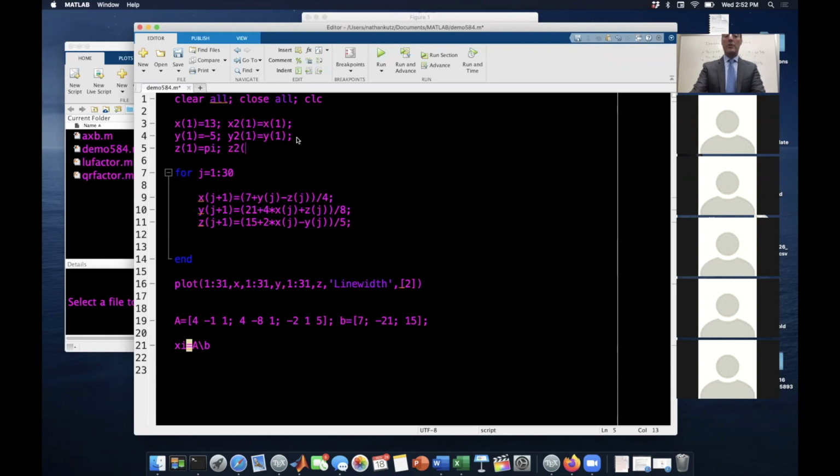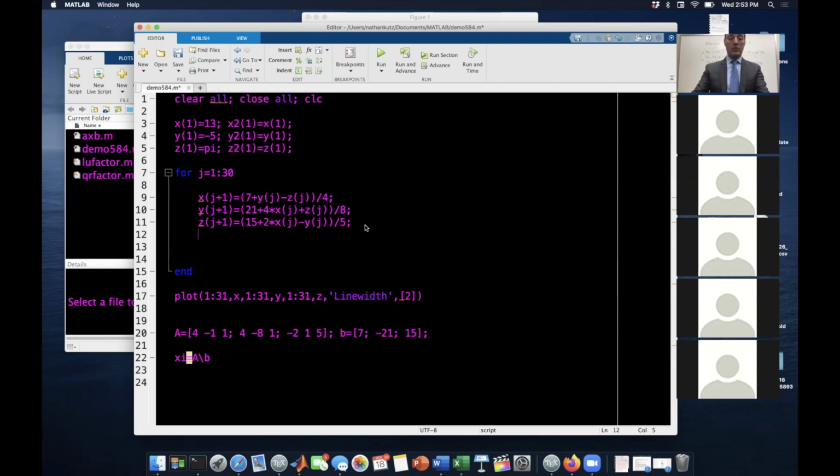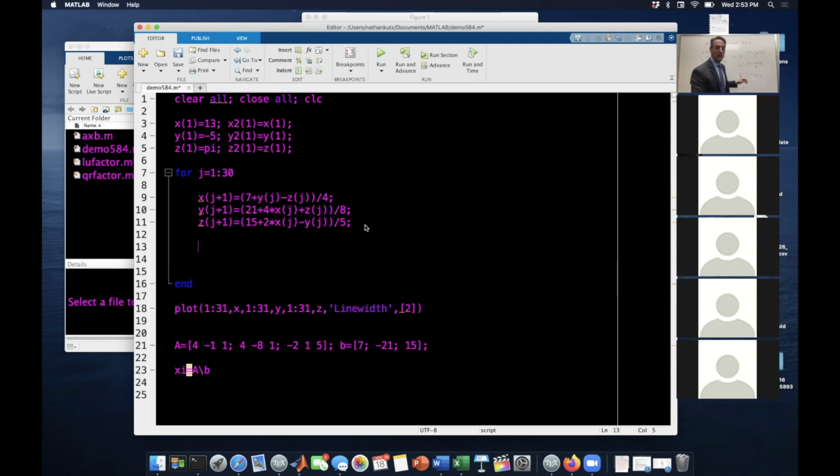Because in fact, they're solving the same system of equations, but they have two different iteration schemes. So I have this loop that's going to solve for x, y, z, and I'm going to have the same loop evaluate what's happening to x2, y2, and z2. But now what do x2, y2, z2 look like? Well, that's the new iteration scheme that I just wrote up on the board. So let's go ahead and program this in.